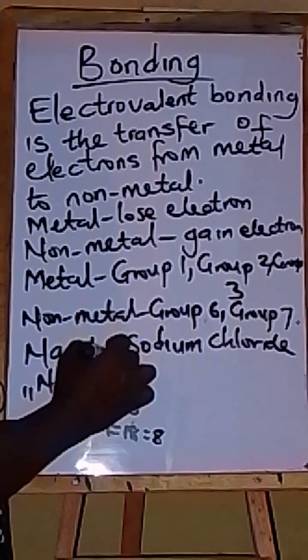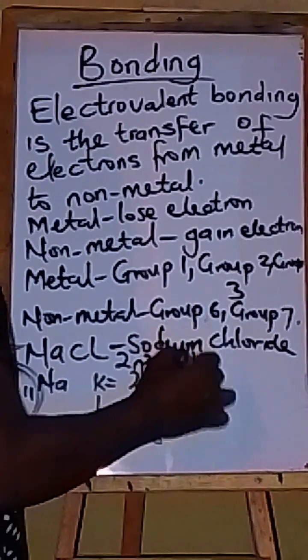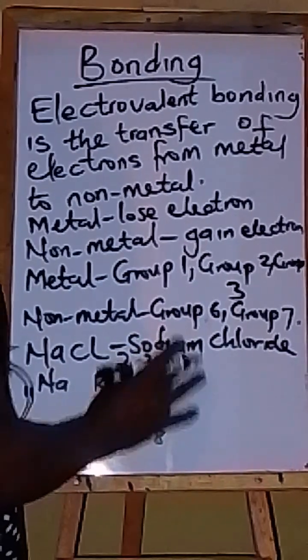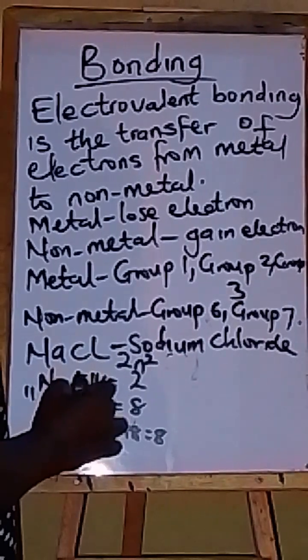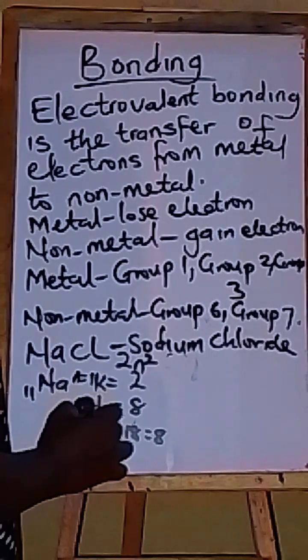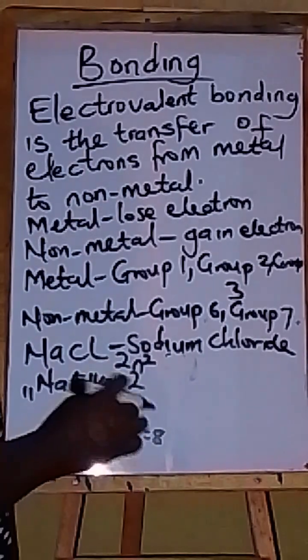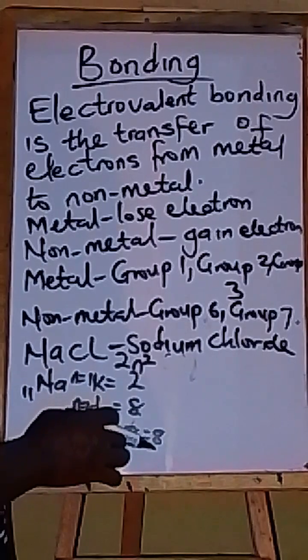I hope we are getting it using the formula 2n squared, where n equals 1, 2, 3 for the shells. So this will make up 18 electrons. But if you want to add 2 plus 8, 10. So the next one will be 8.